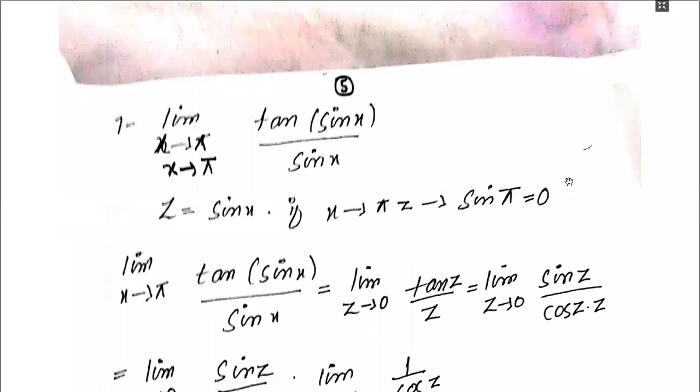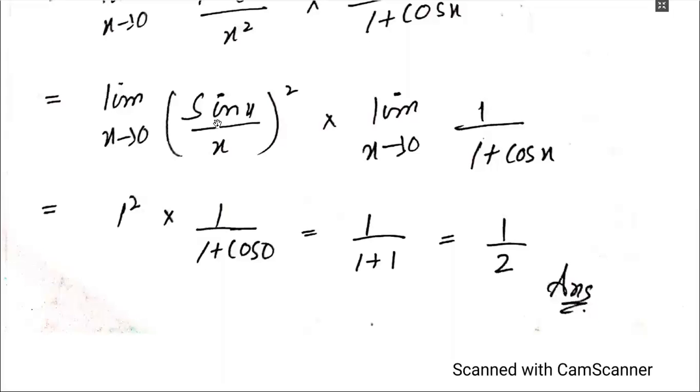Now here, sin x upon x as x tends to 0, this is again a useful limit. Sin x upon x when x tends to 0 is 1, and it is squared, so 1 squared, and apply the limit here: 1 upon 1 plus cos 0. Cos 0 equals 1, so 1 plus 1 equals 2, giving 1 upon 2.